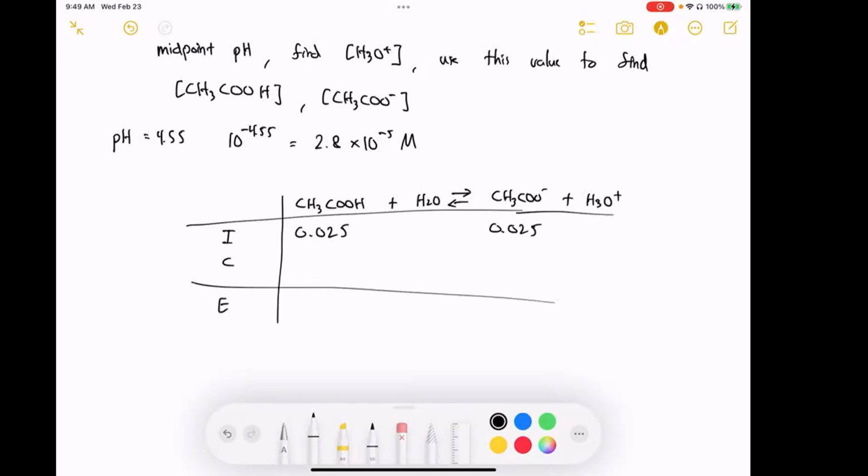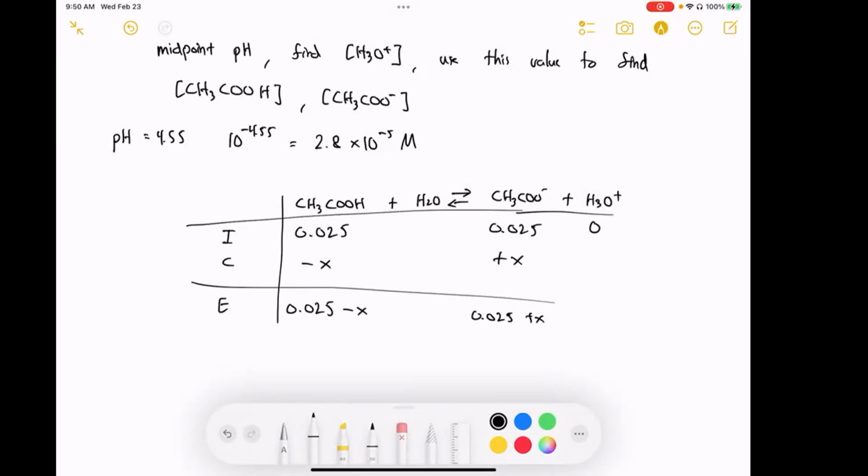Our change here is 0.025 minus X, and 0.025 plus X. And the hydronium is 0 because we assume that there's no acid present anymore.